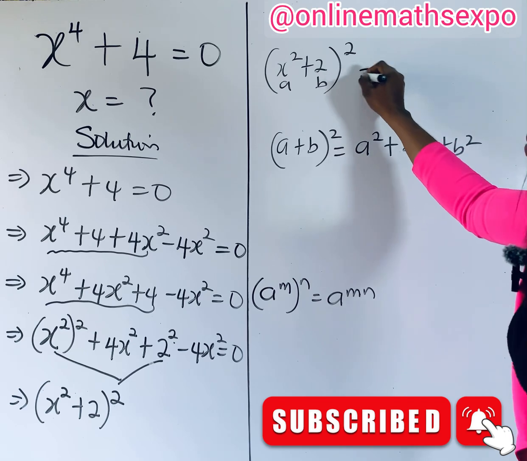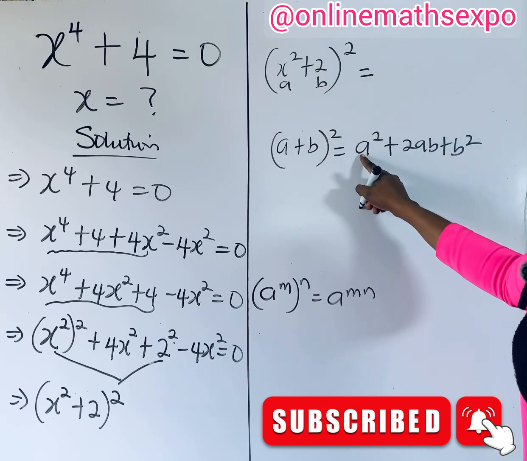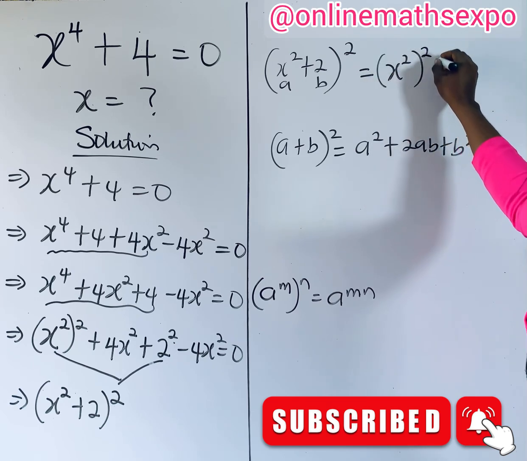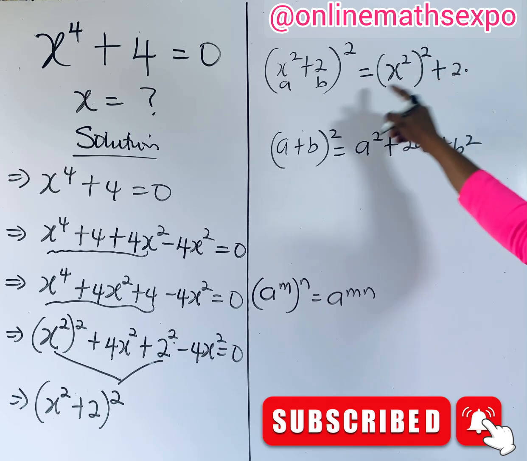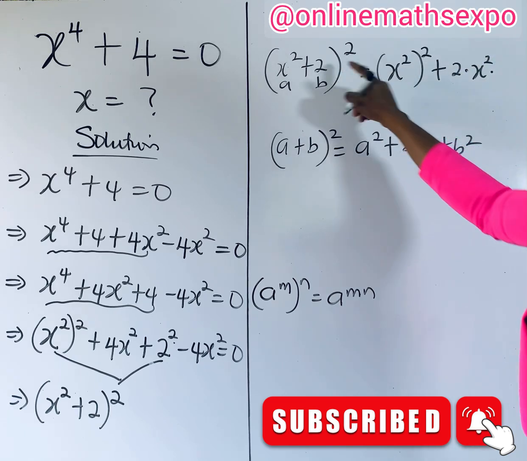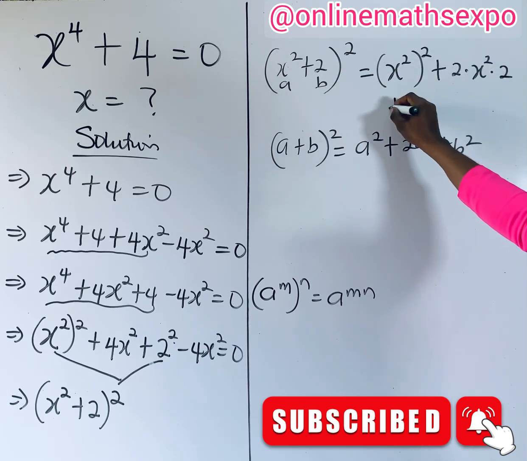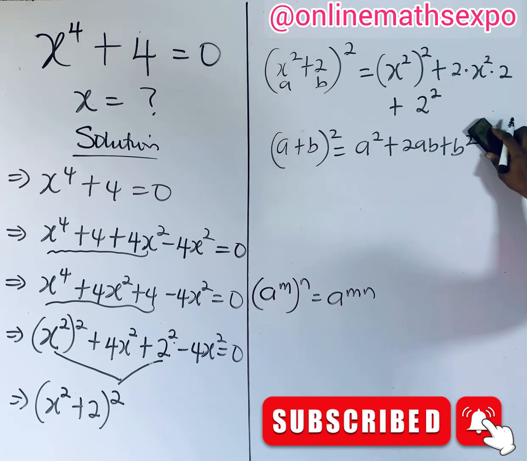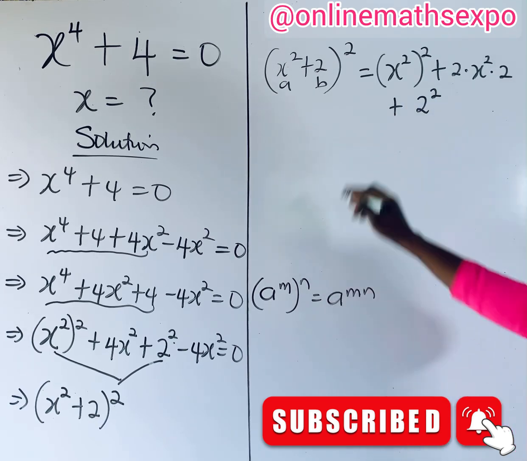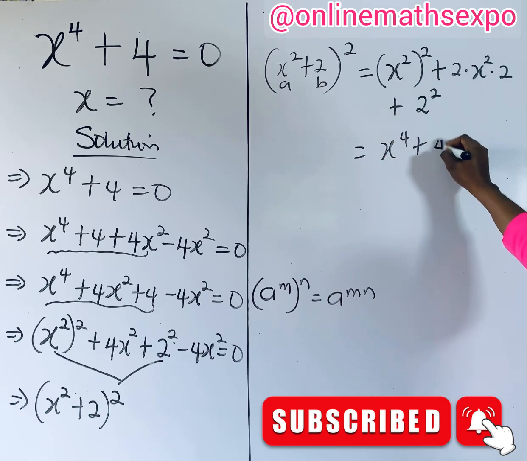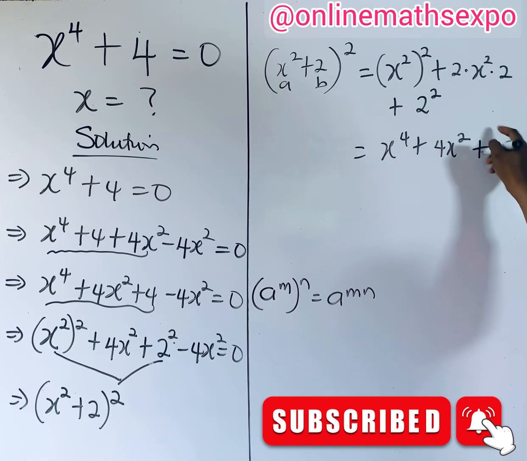Now expand it: a is x squared, so you have x squared raised to power of 2, plus 2 multiplied by our a, x squared, multiplied by our b, 2, then plus your b, 2 squared. Did you see that? Now, if you simplify that, it gives you x raised to power 4 plus 4x squared plus 2 raised to power 2, which is 4.